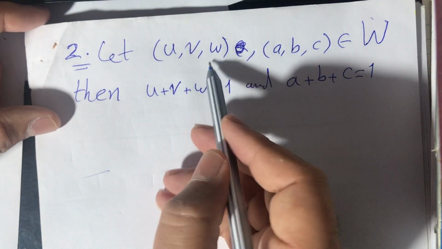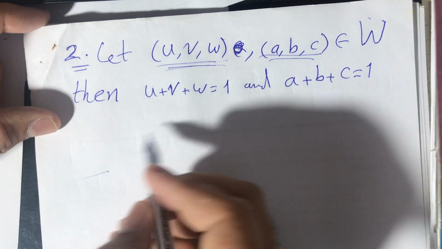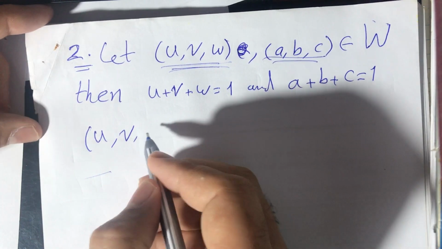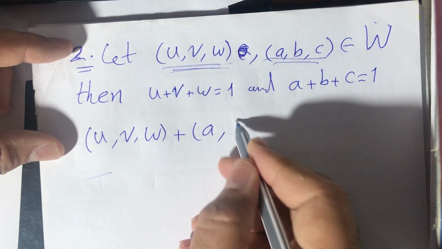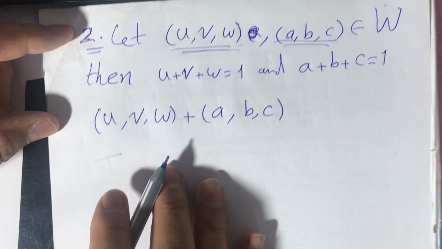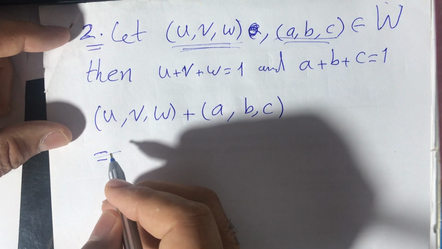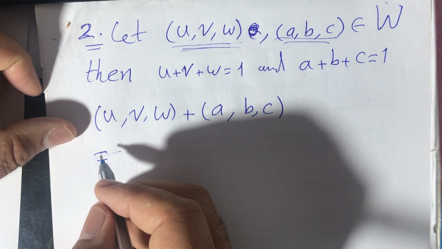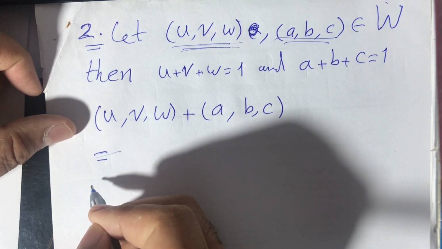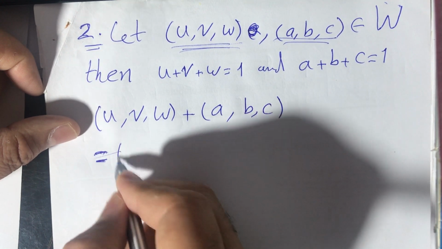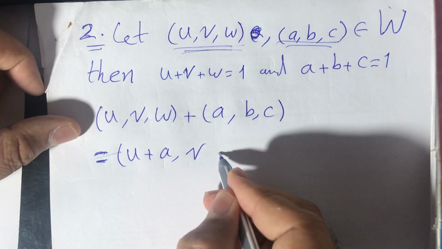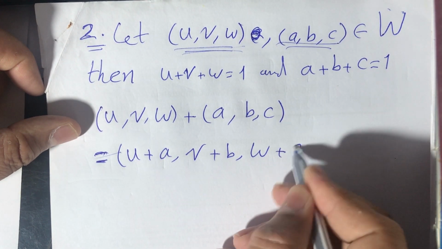And if we sum this one with this one, it will be equal to (u plus a, v plus b, w plus c).